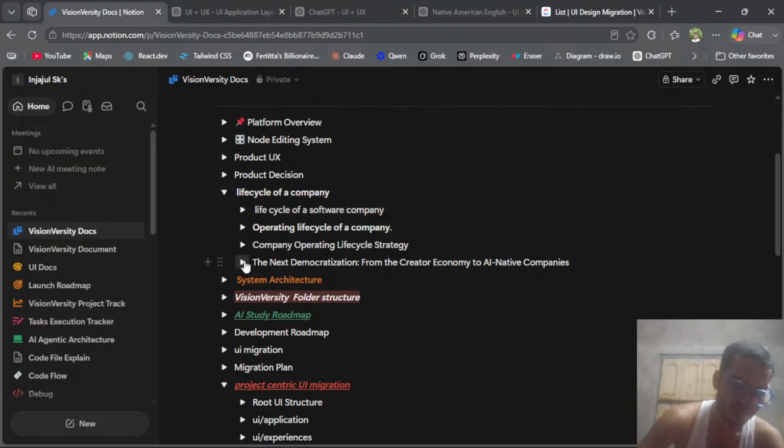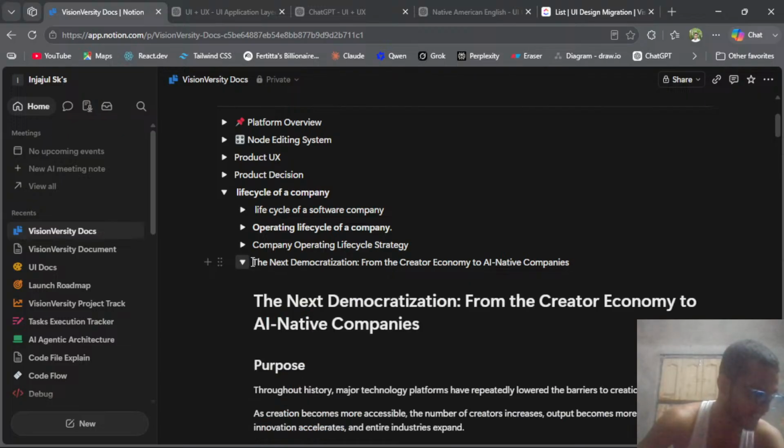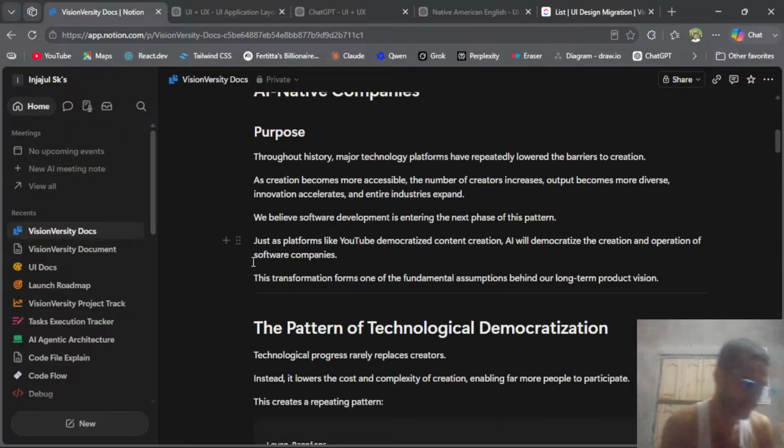Let me give you an analogy to explain why I want to focus on it. I documented it as a story, so you can understand what our future might look like. Guys, before the creator economy, and here I'm talking about social media type stuff, like YouTube, which is also a platform, we had only a few actors, actresses, or agencies who produced content or movies.